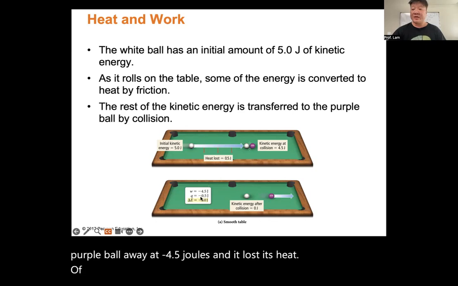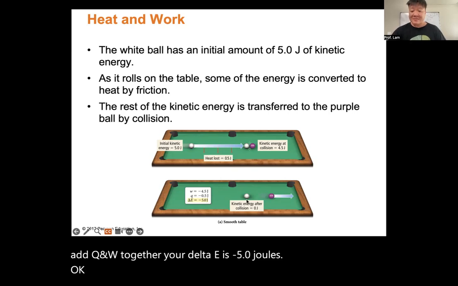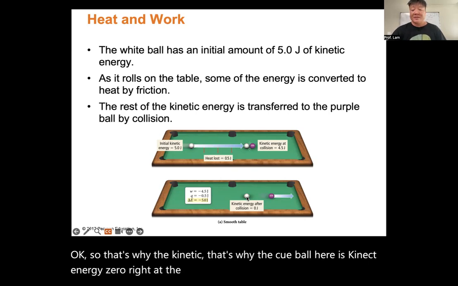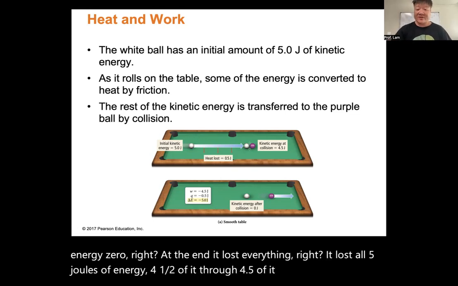So Q is also negative, negative 0.5 joules. So now when you add Q and W together, your delta E is negative 5.0 joules. So that's why the cue ball here has kinetic energy of zero at the end. It lost everything. It lost all 5 joules of energy, 4.5 of it through work, and 0.5 of it through heat.